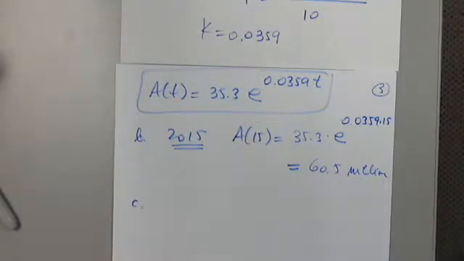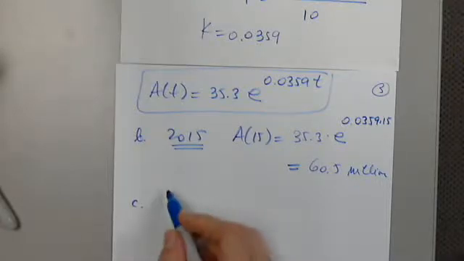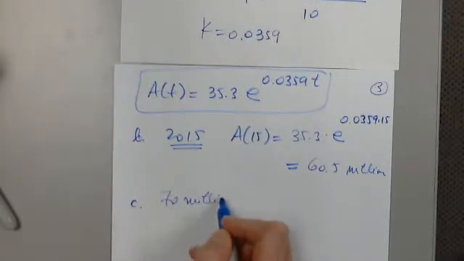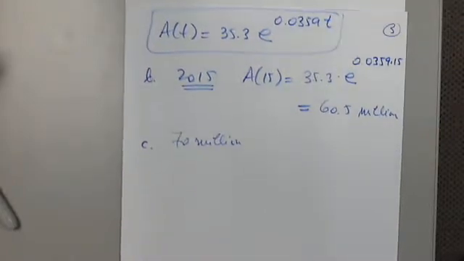Next question, part C. In which year will the Hispanic resident population reach 70 million? What do I have to do next? Correct. So what do I write? Here's the model.